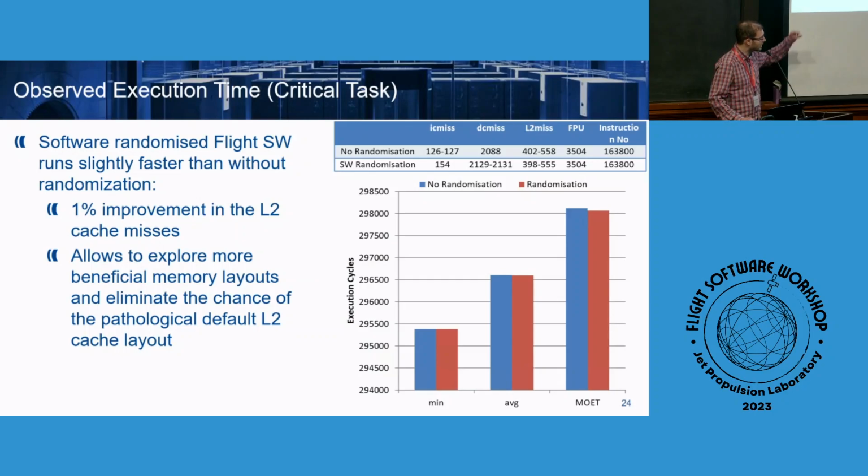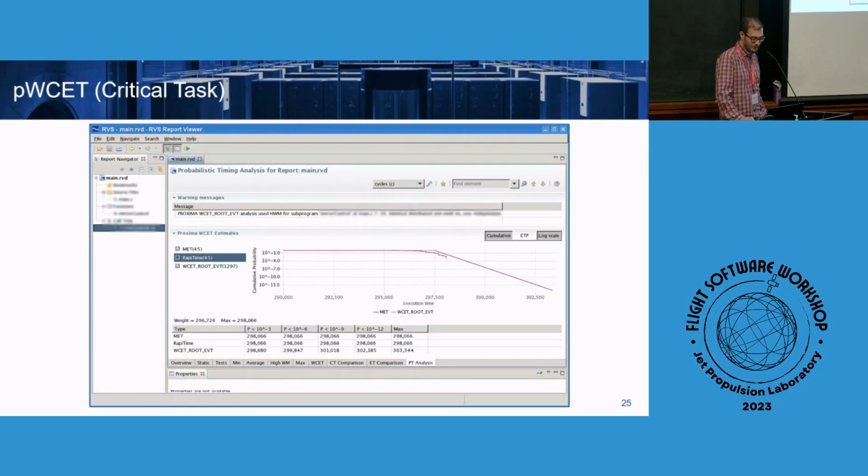In all the cases, its bar is a bit lower for the software randomized one, and the reason for this is, if we take a look at the statistics from the cache misses for instruction, data and L2, the software randomized version explores better layouts for the L2 compared to the pathological one that was the default generated by the compiler, and this makes the application go about 1% faster.